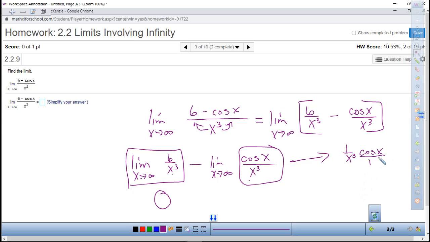Remember, this is cosine x over 1, and we just move that 1 over x cubed out in front instead of having it divided by it. So now, hopefully, you're going to recall that this is a trig function in the form a cosine x, where a was the amplitude.